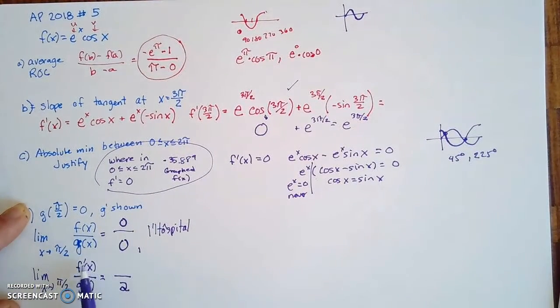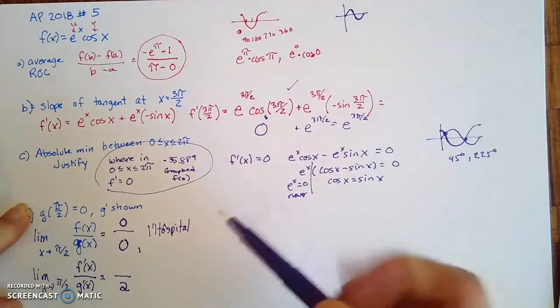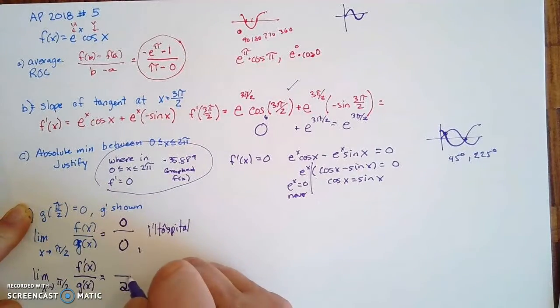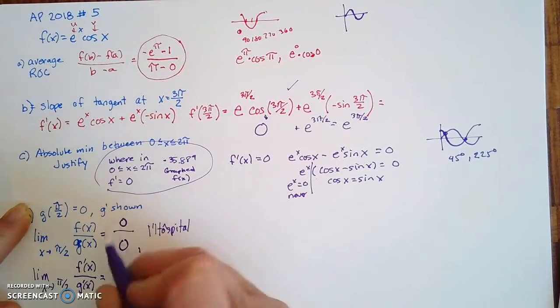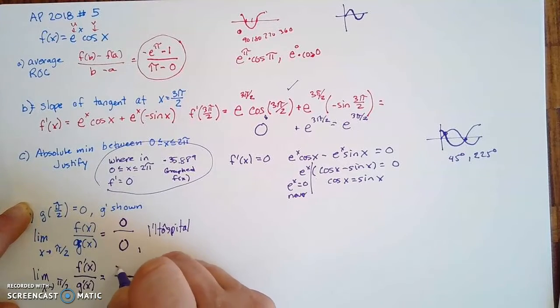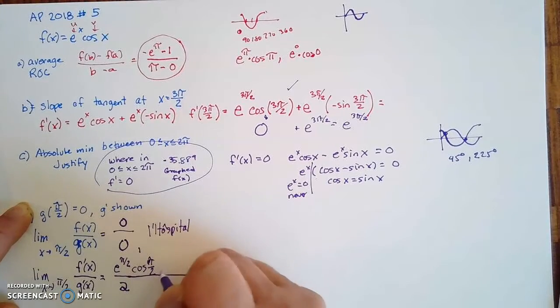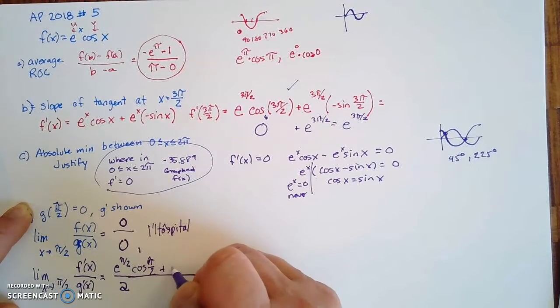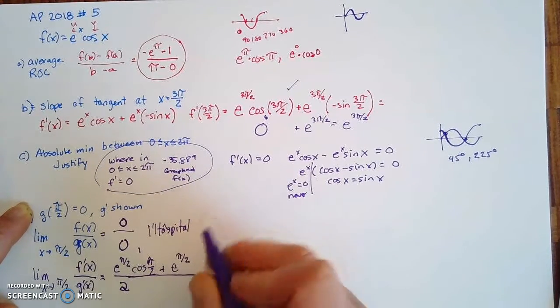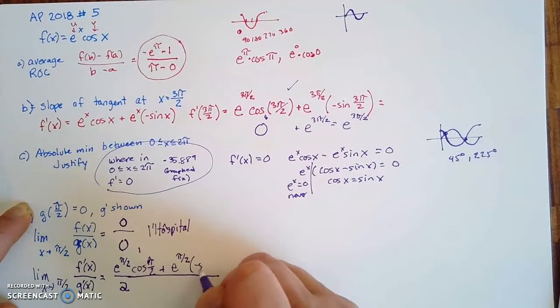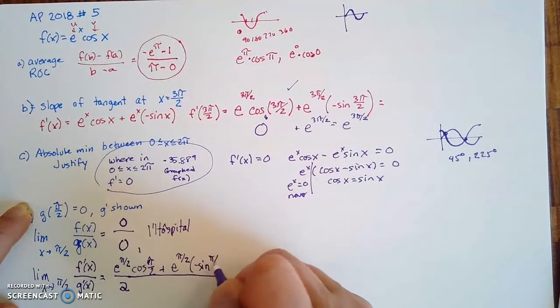That means I need to put pi over 2 into the derivative function, which would be, I'm going to write out the long way first, e to the pi over 2 times the cosine of pi over 2 plus e to the pi over 2 times negative sine pi over 2.